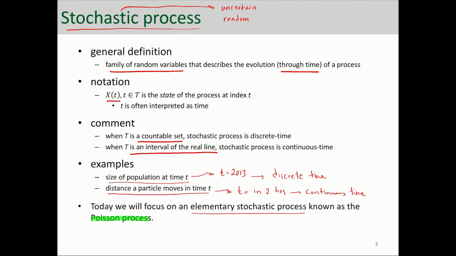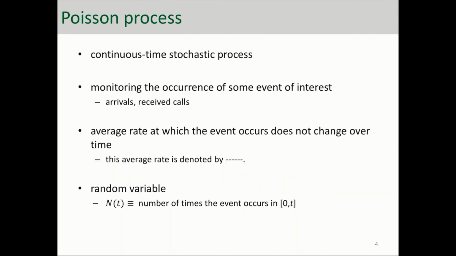So let's get into the details of the Poisson process, which is going to be the main focus here. First of all, it's a continuous time stochastic process, so the time interval is continuous. And it is very useful to monitor the occurrence of some event of interest.